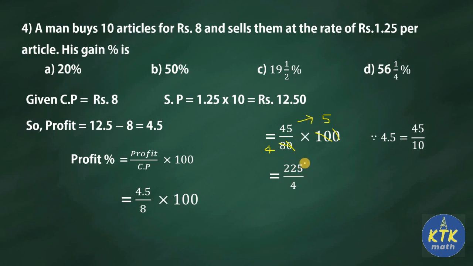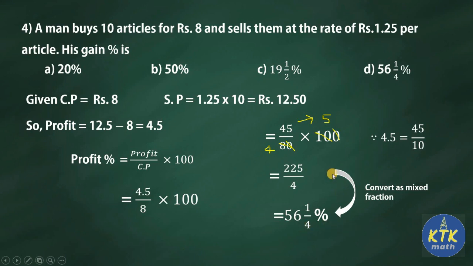So 225 by 4. When you convert this into a mixed fraction, your answer will be 56 1 by 4 percentage. After cancellation we get an improper fraction, and that improper fraction can be converted into a mixed fraction, so your answer for the fourth question is 56 1 by 4 percentage. We'll move on to the next question now.